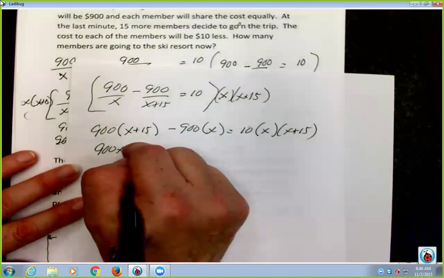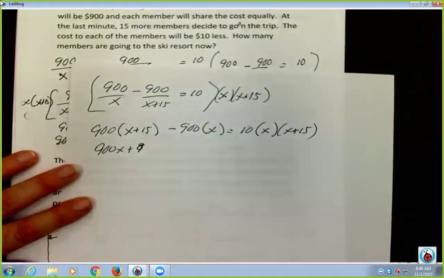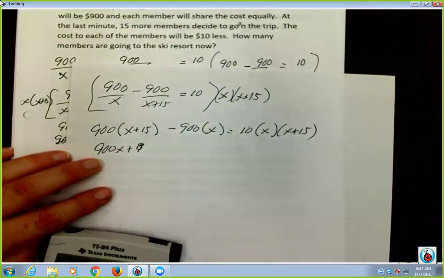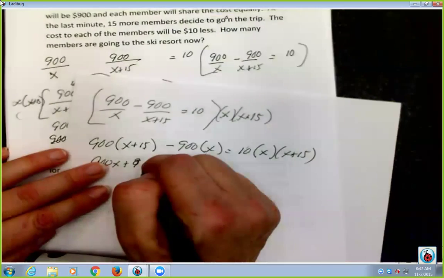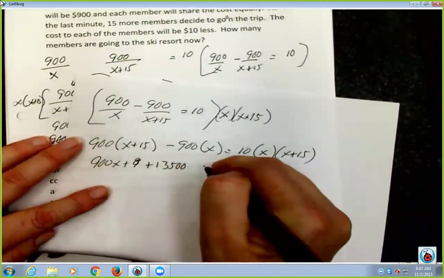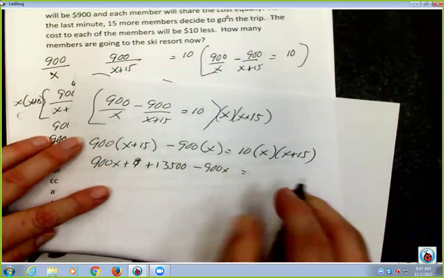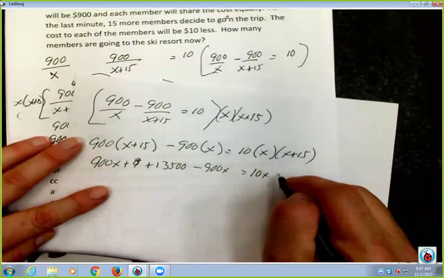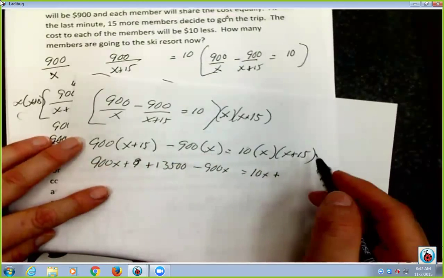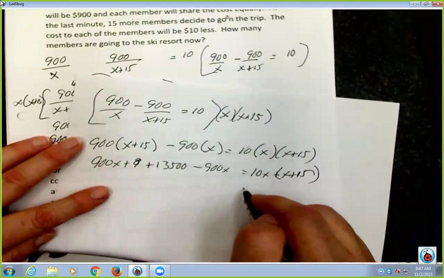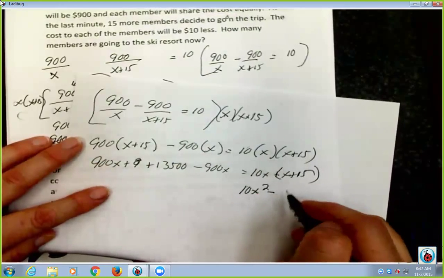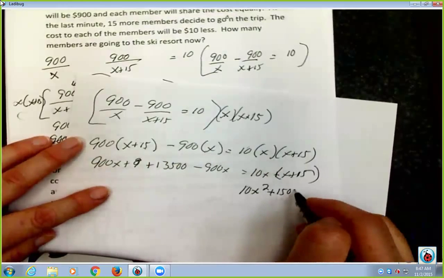900 times 15 equals 13,500, minus 900x equals 10x times x plus 15, or 10x squared plus 150x.